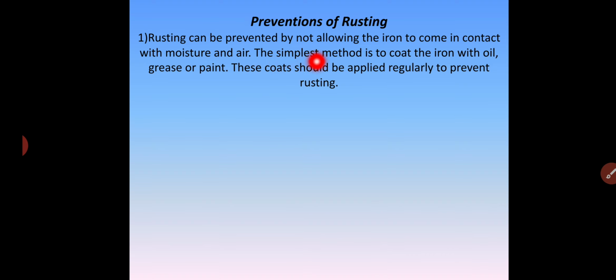The second method is to coat the iron with oil, grease or paint. These coats should be applied regularly to prevent rusting. You can see metals are coloured with oil paint, because it protects the metal from rusting.